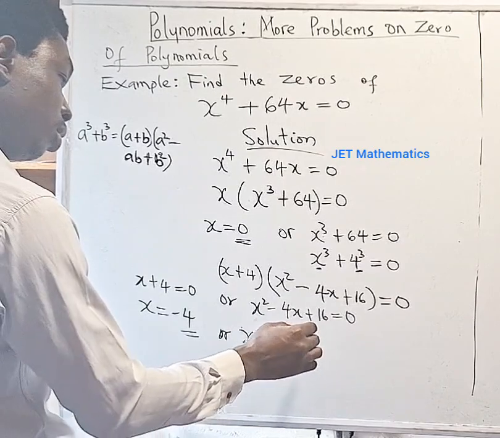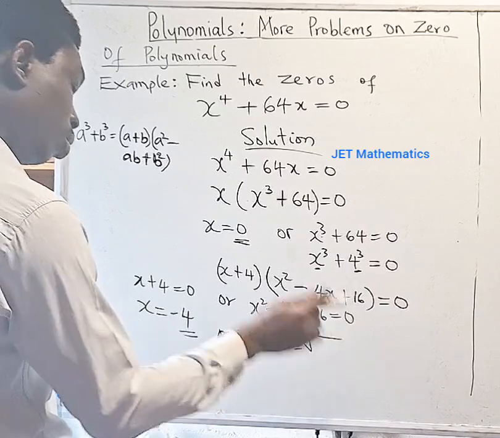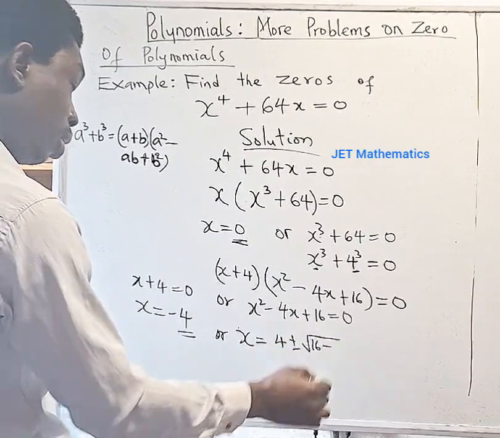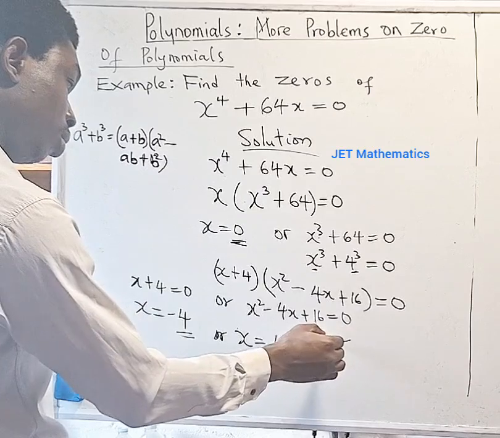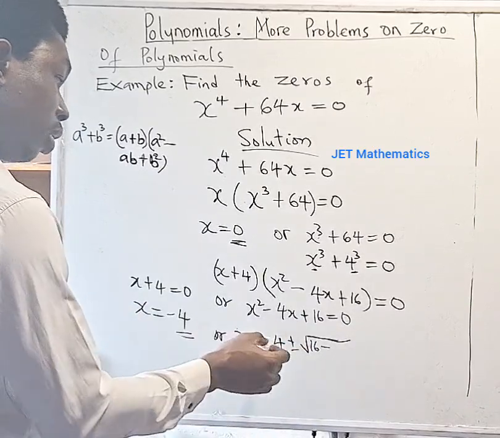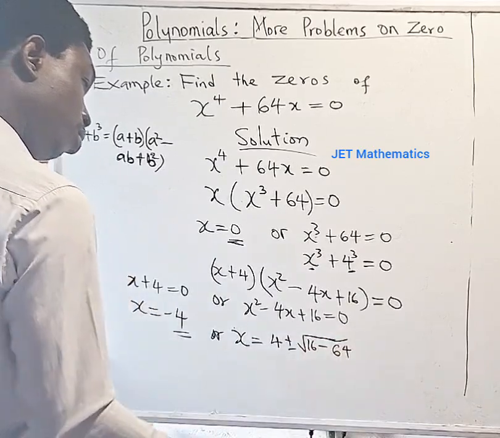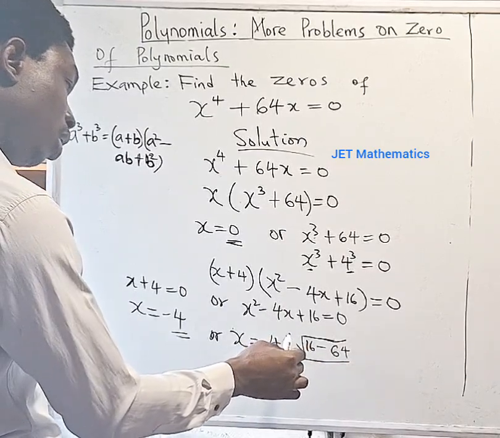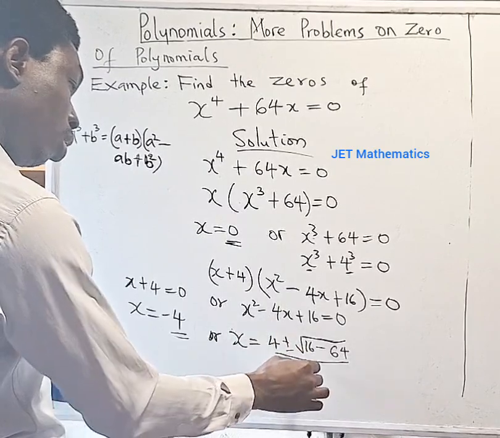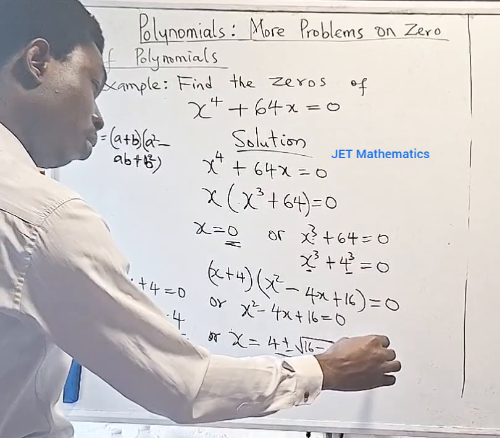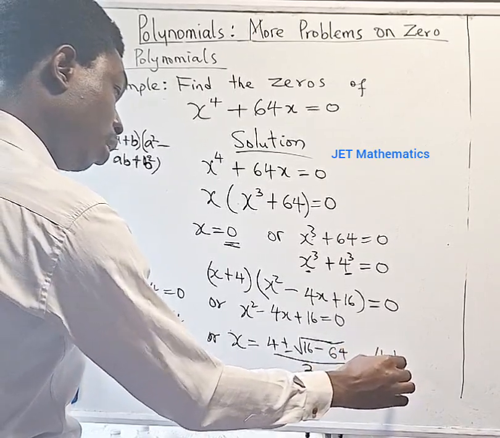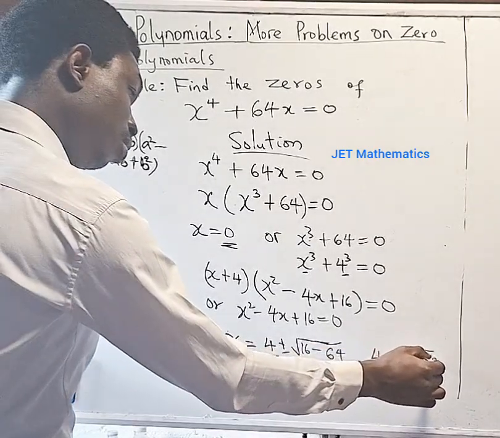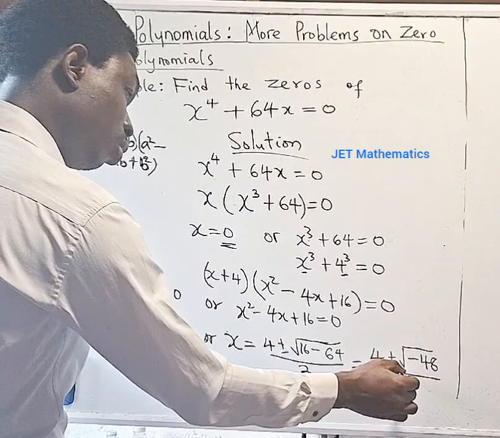Plus or minus the square root of b squared, which is 16, minus 4 times 1 times 16, 64, all over 2a, all over 2. So this gives me 4 plus or minus the square root of minus 48, all over 2.